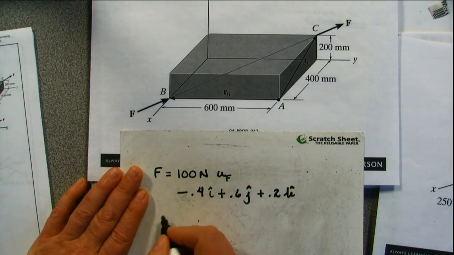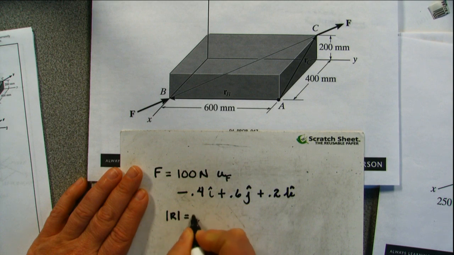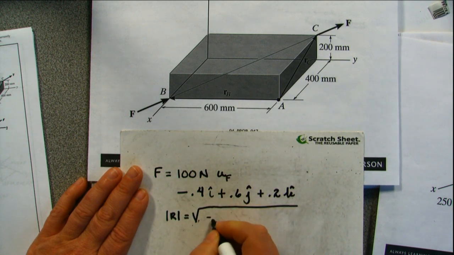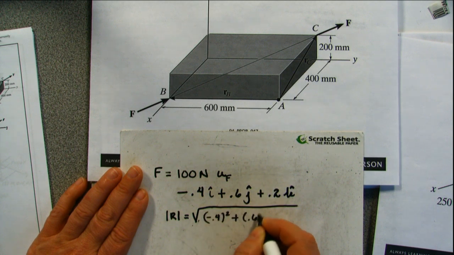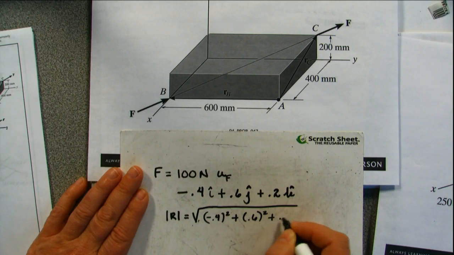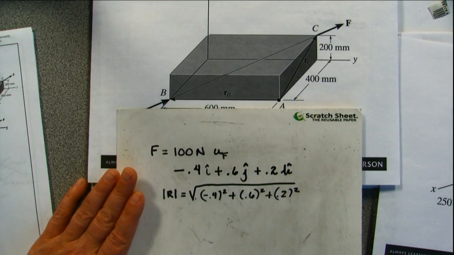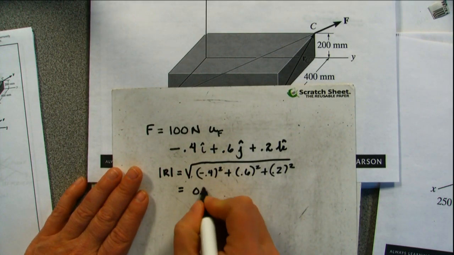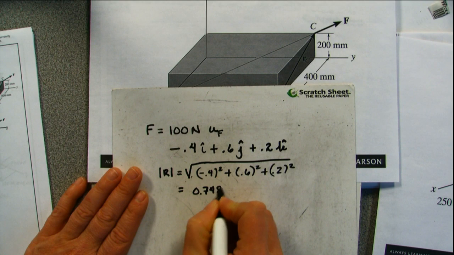So now the magnitude of my r vector is going to be the square root of minus 0.4 squared plus 0.6 squared plus 0.2 squared, and that should be something like 0.7483.